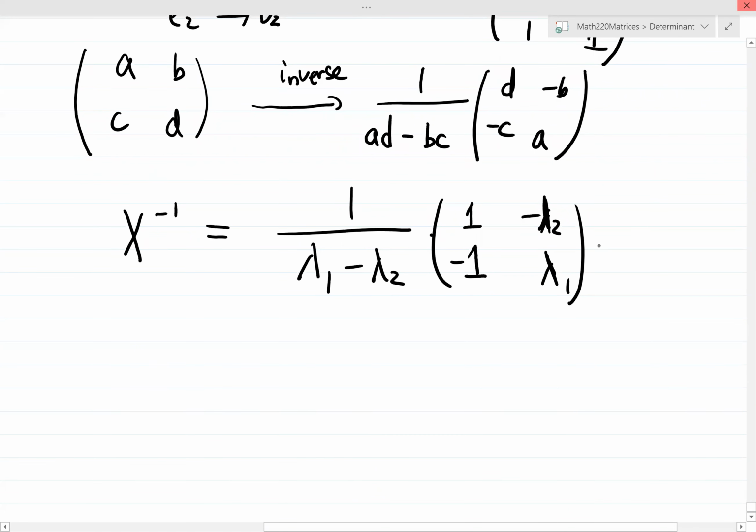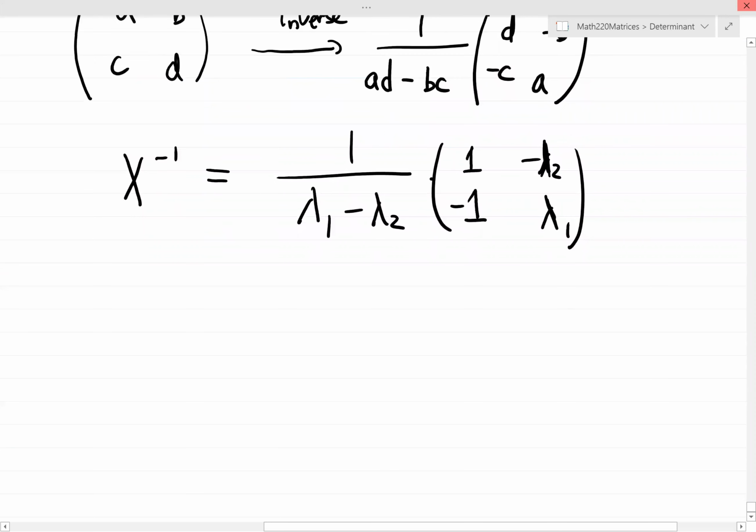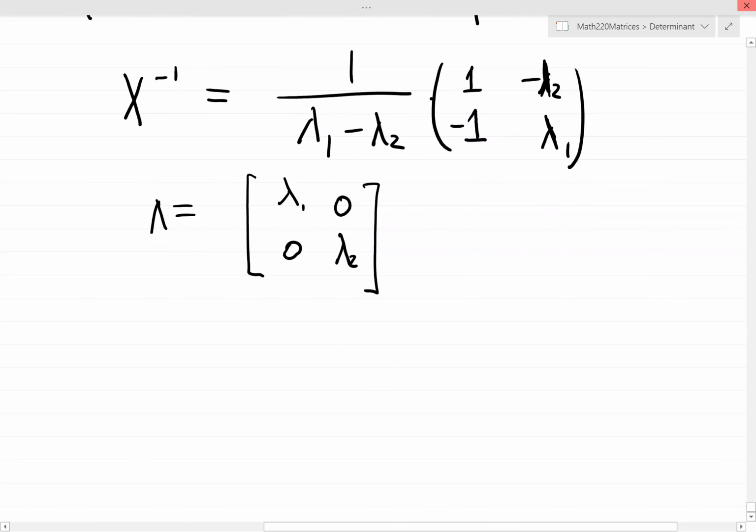Now we find what matrix A is. The diagonal matrix gamma has the two eigenvalues, lambda 1 and lambda 2, on the diagonal, with zeros elsewhere, a 2x2 matrix. According to the diagonalization algorithm, A is X gamma X inverse.